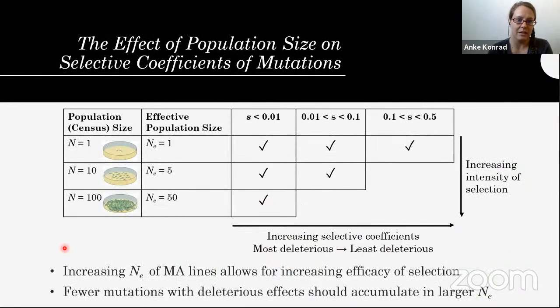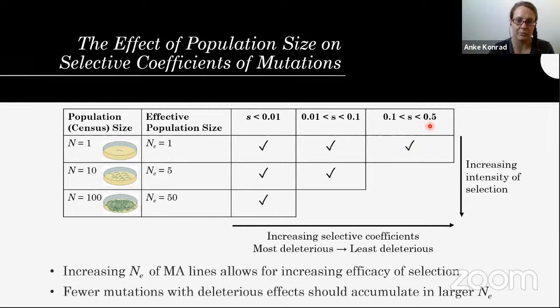Now, the rationale, which I hinted on, for this experiment is that it is expected that with increasing population size, the mutations that have very large negative effects should be weeded out by selection.